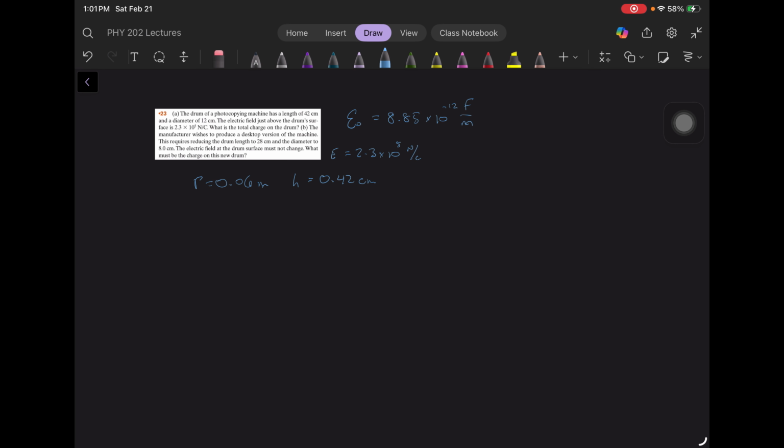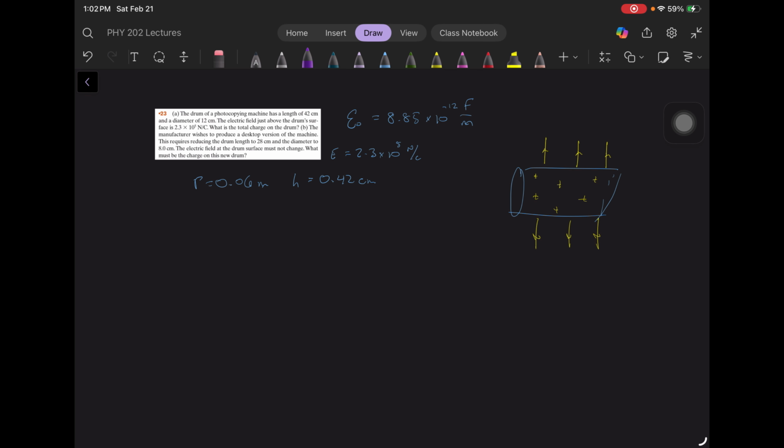All right, let's go ahead and draw this. We have a bunch of charges all over this, kind of uniformly spread out. If the charges are all over the surface, we're going to expect electric field lines pointing out. So let's see, our Gaussian surface is probably going to be a cylinder.